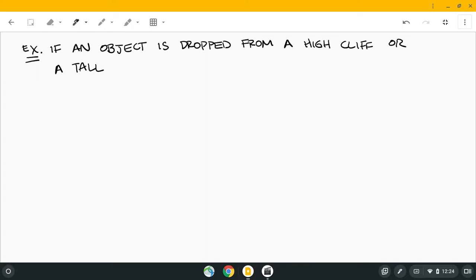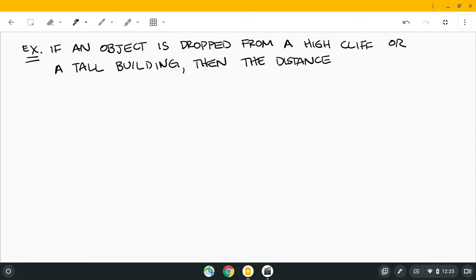If an object is dropped from a high cliff or a tall building, then the distance it has fallen.